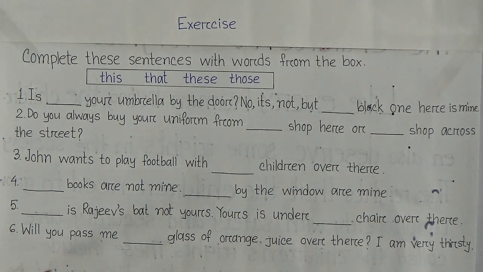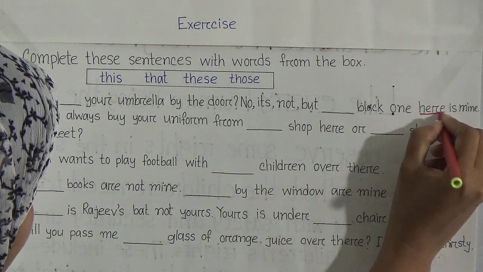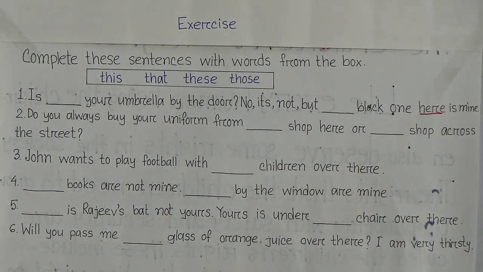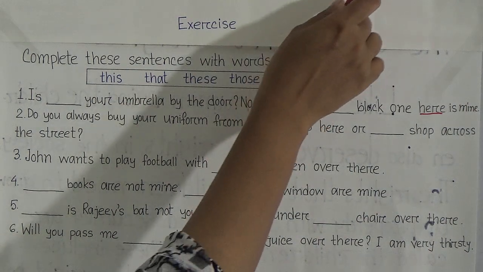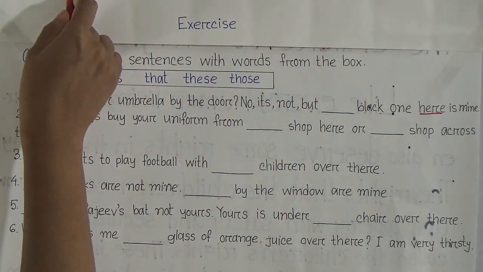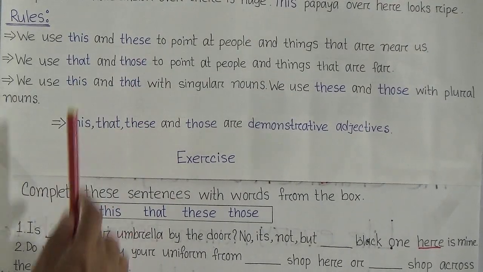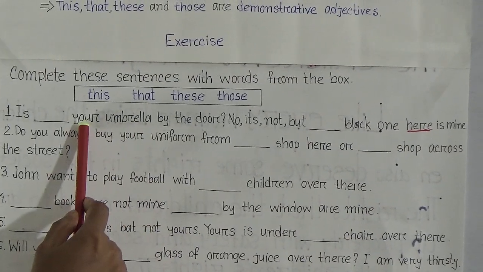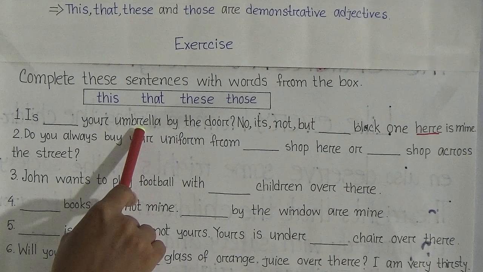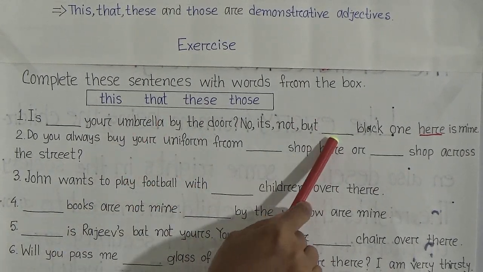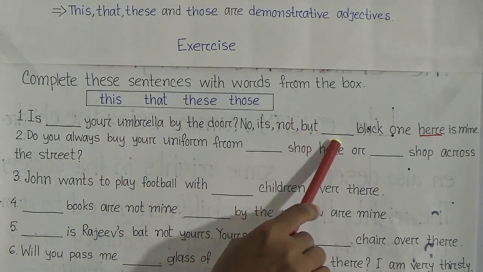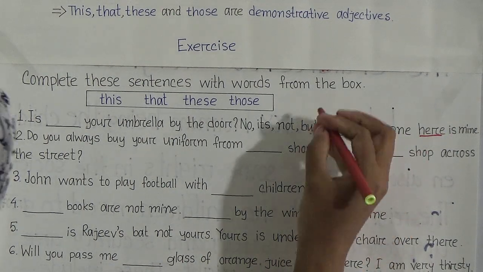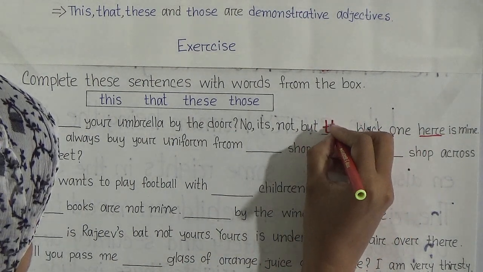Look, we find the word "here". Here means close to us. We say that when we say something or someone near to us, we have to use this or these. So here it's about your umbrella. Is it singular or plural? It's singular. So you have to use this. But this black one here is mine. Second one will be this.